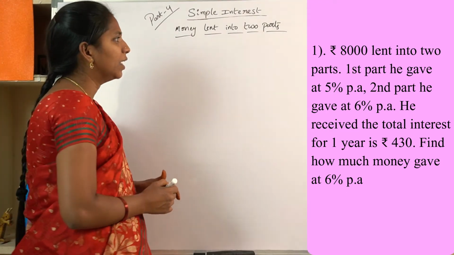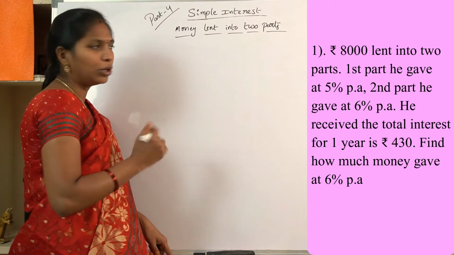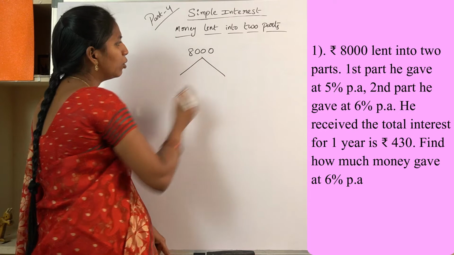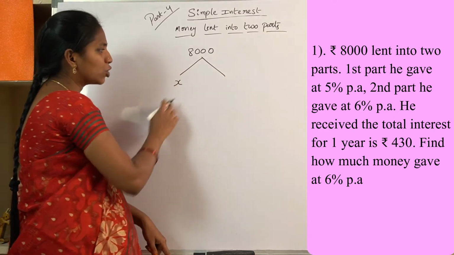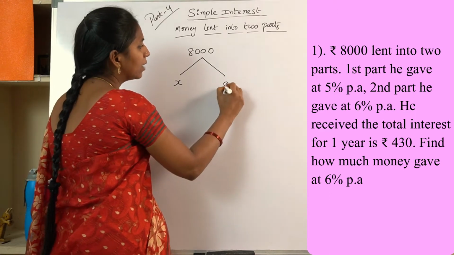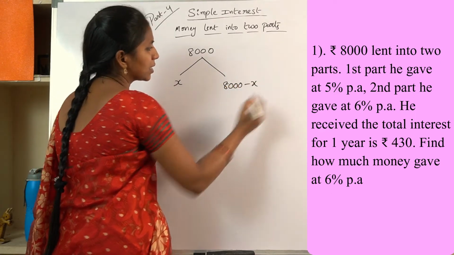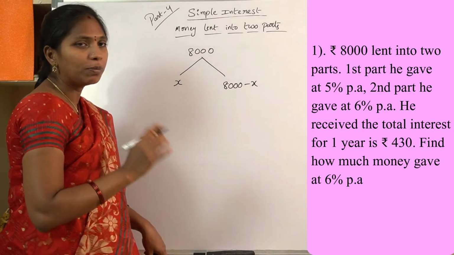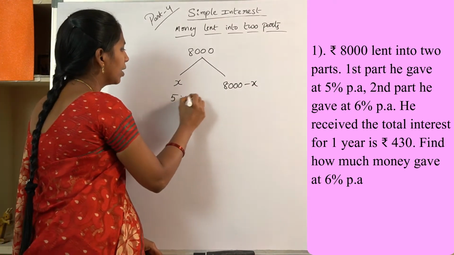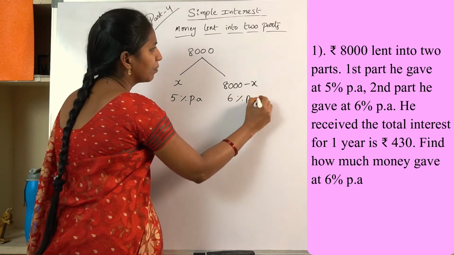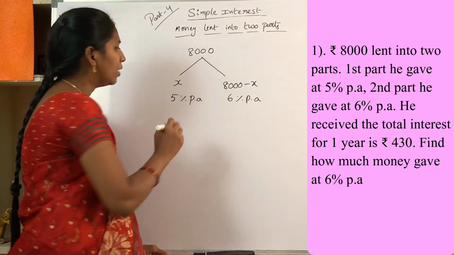See the first method. 8,000 rupees is lent in two parts. Suppose the first part is x rupees, then what is the second part? 8,000 rupees minus x. The first part is at 5% per annum and the second part at 6% per annum, both for 1 year.